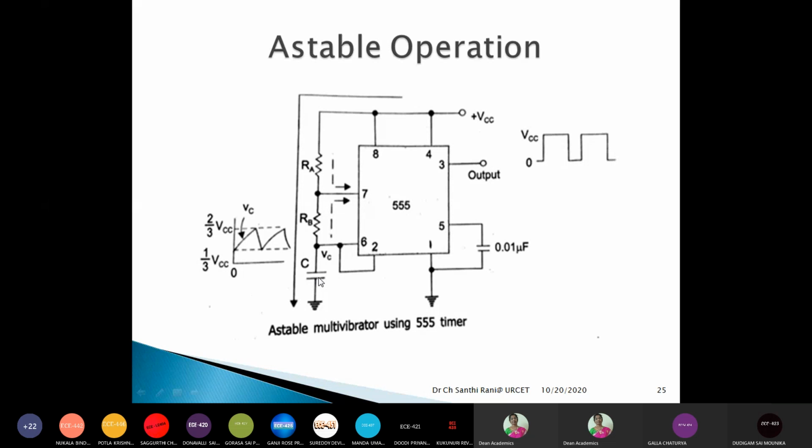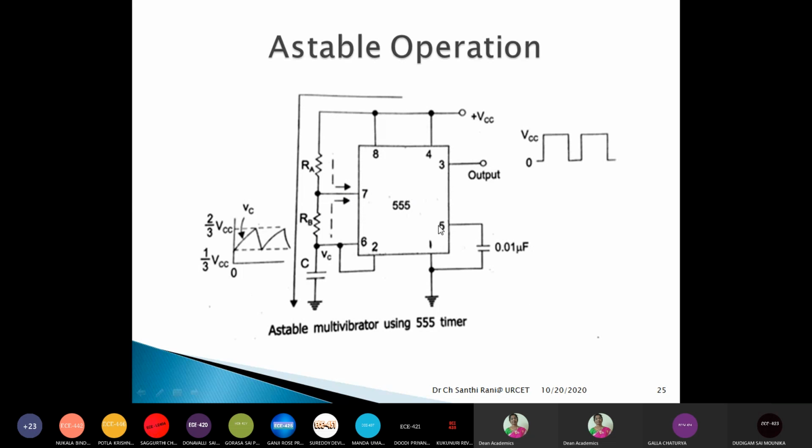In astable mode also it is the same thing: from VCC to ground, we connect resistor and capacitor. The only difference is that in monostable we have only one resistor, and in astable mode we split this resistor into two resistors, RA and RB. Okay, so only that is the difference.